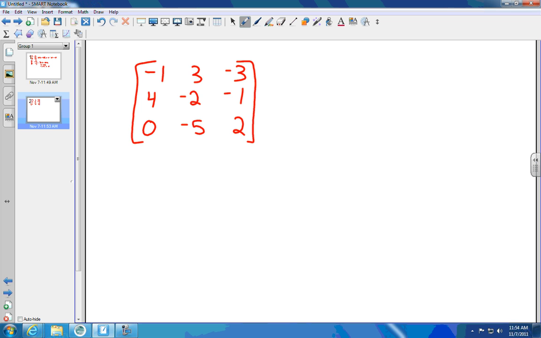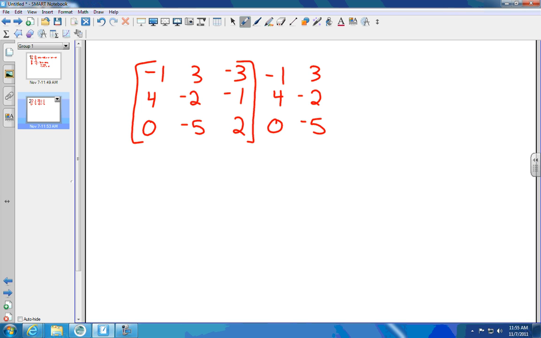The other thing I like about the diagonal method, there's steps you can follow. And the first step in finding the determinant of this 3 by 3, or any of them, is you always copy those first 2 columns right over here again. So if you could actually highlight that and copy paste it, that's what you would do if you were working on a computer. So negative 1, 4, 0, 3, negative 2, negative 5.